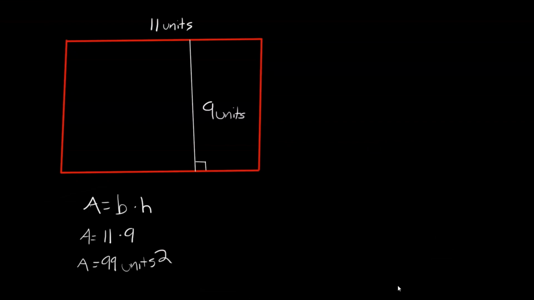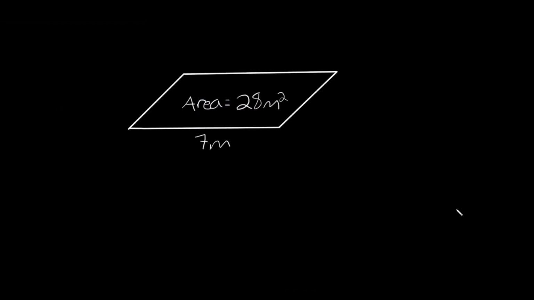And now I've drawn us a little bit of a different problem. So now we are already given the area and the base length. So now we are going to try to find the height. So let's take our formula again, which is, I'll write it up here. The area is equal to the base times the height. And we're just going to plug in the values like we have in the previous examples. But this time we know the area, so this is going to be 28 is equal to the base, which is 7, and then times the height, which we don't know.